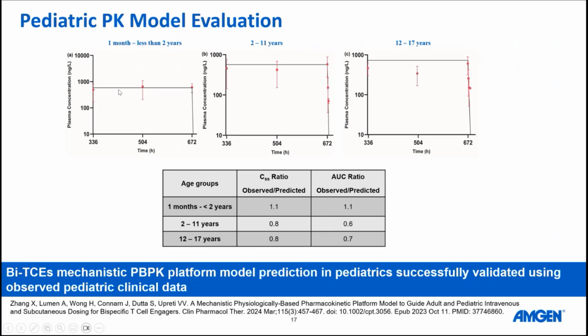The reason you're seeing this plateau is because this drug is dosed through continuous IV infusion. As you can see, once we incorporate the ontogeny parameters, the model is relatively accurate in predicting the clinically observed PK profiles in the pediatric age groups. This further increased our confidence in the model prediction.